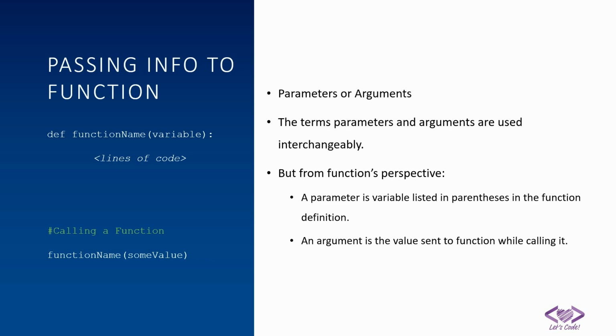But from a function's perspective, a parameter is a variable listed in parentheses in the function definition, whereas an argument is the value which you send to the function while calling it. So this particular variable which you have declared during the definition of the function is usually referred to as parameter. Whereas when you are calling the function, whatever value you pass, we call it an argument. So that's the main difference when we talk about the terms parameters and arguments.